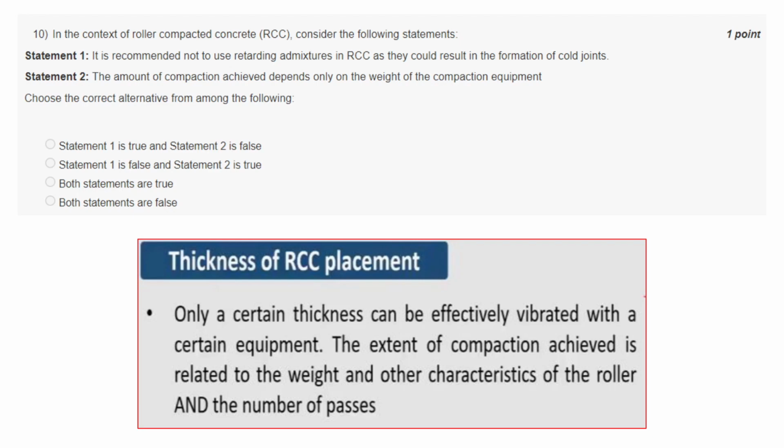Statement 1 is not correct, because in RCC it is better to use retarding admixture, because it is mass concrete. If we go for acceleration, then accelerated heat of hydration will result in cold joints, because of the heat liberation and the thermal stress.